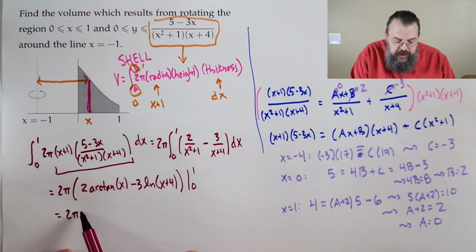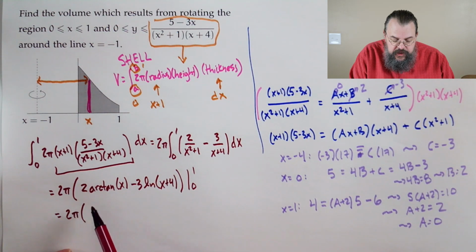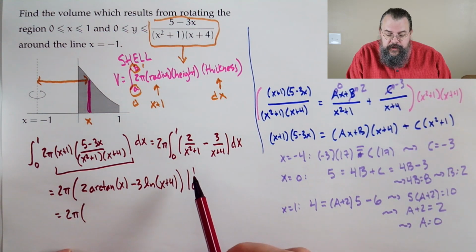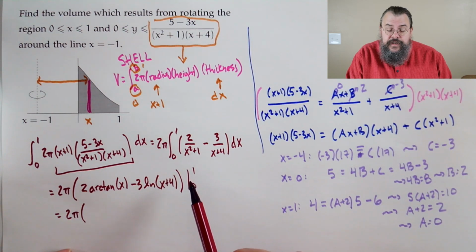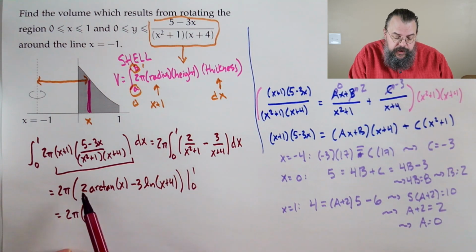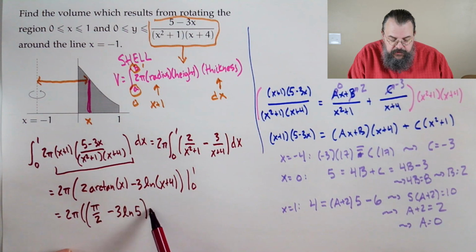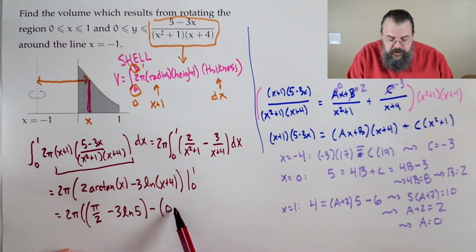So we have 2 pi. Now, arctangent of 1 is pi fourths. So we have pi fourths times 2, which makes that pi halves, minus 3 natural log 5. Okay, subtract. Plug in 0: arctangent of 0 is 0, minus 3 natural log 4.